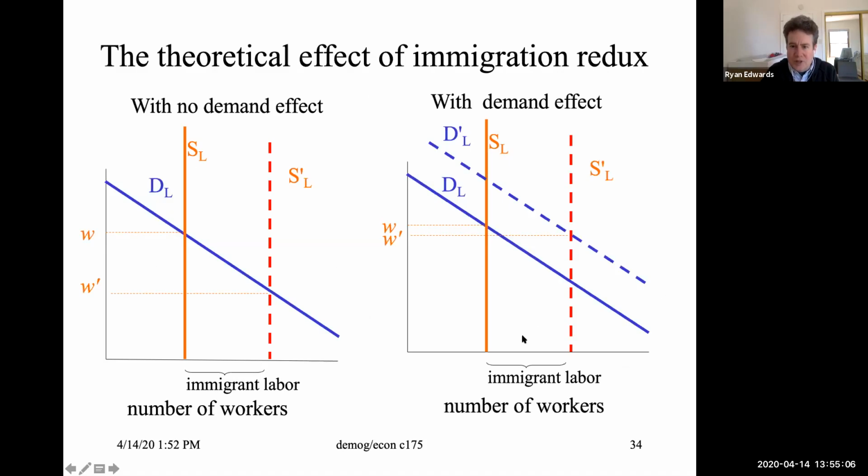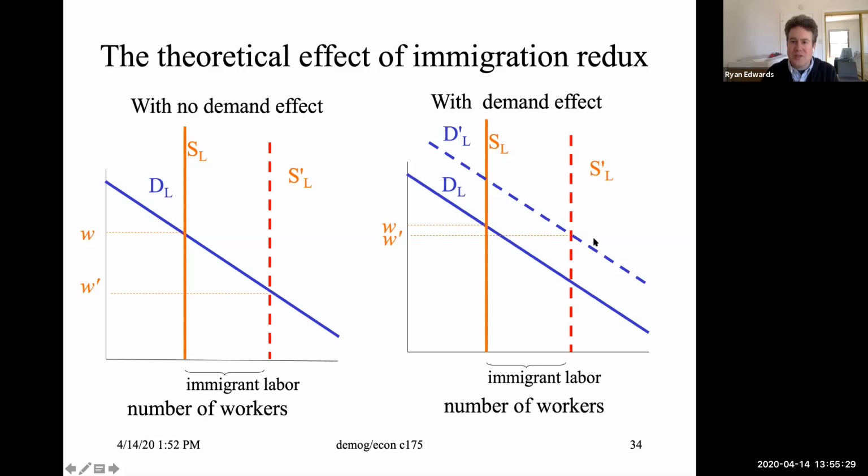So here's just an illustration of what you might see. If you thought about a demand effect, something that shifted out the labor demand curve, this is what it might look like on the right-hand side of this slide. Without this outward shift of labor demand, you might see a very large decline in the wage from W to W prime on the left.